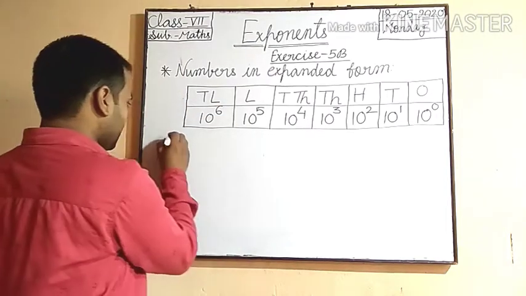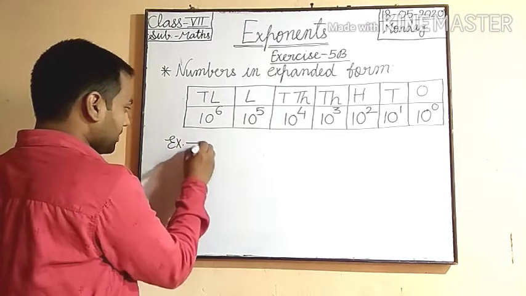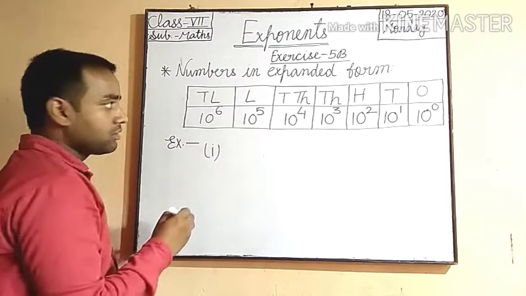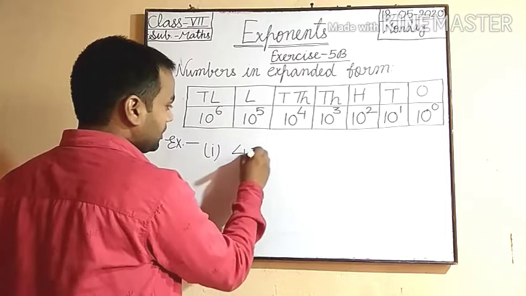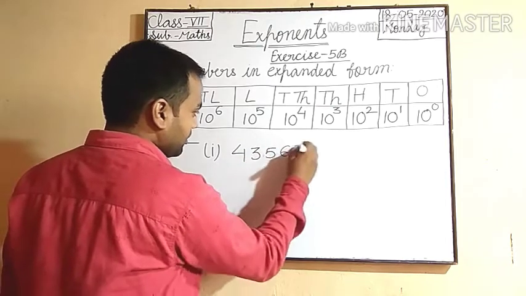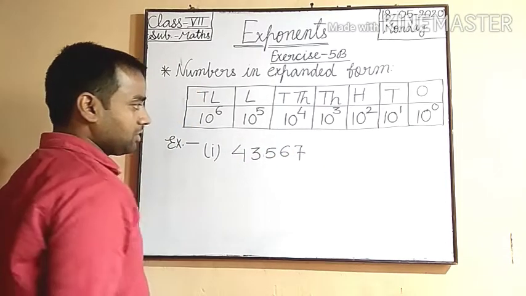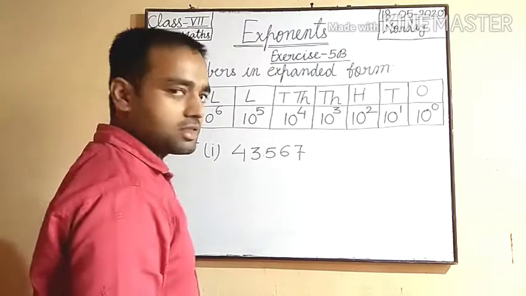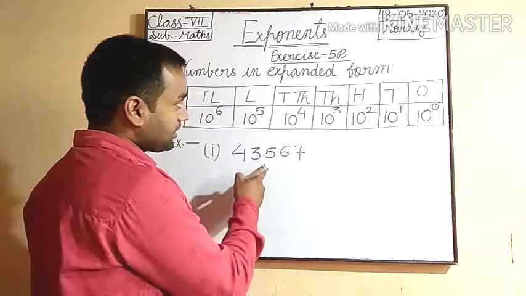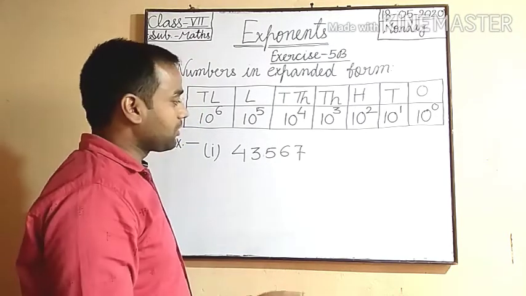Now let us discuss some examples. 43,567. Express in expanded form.